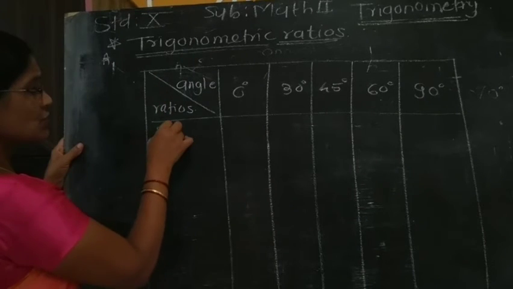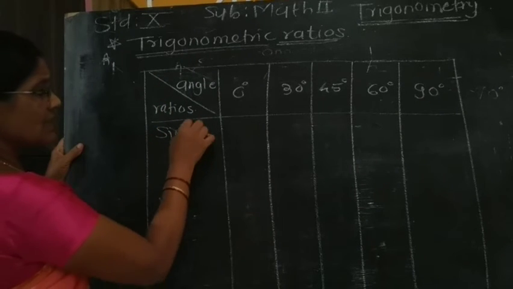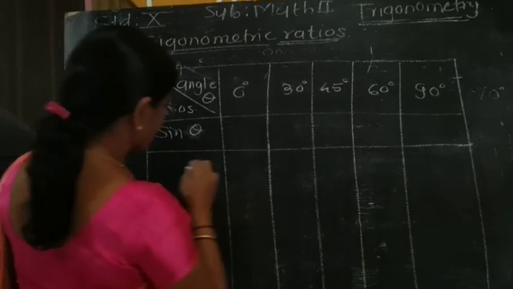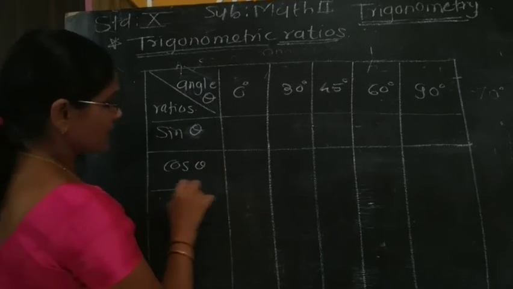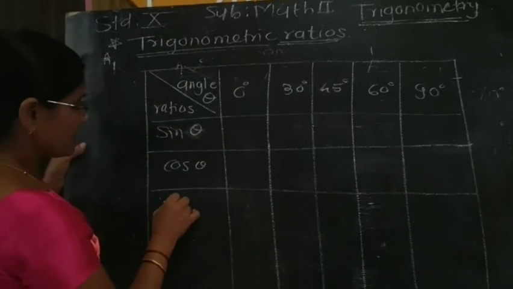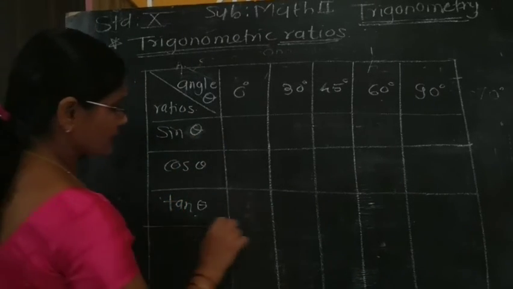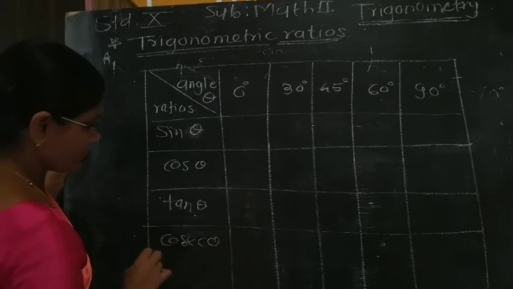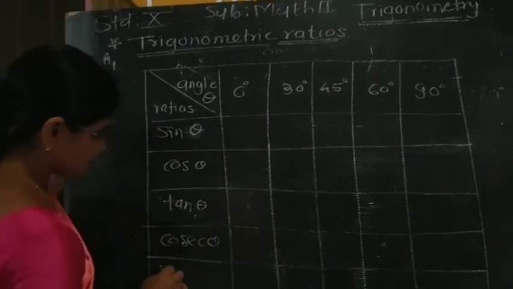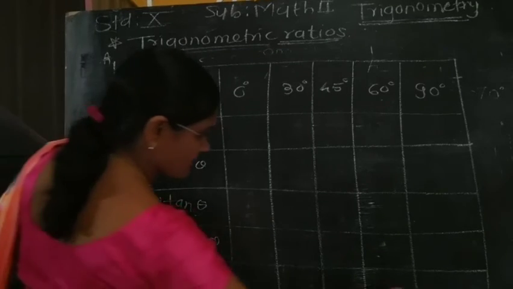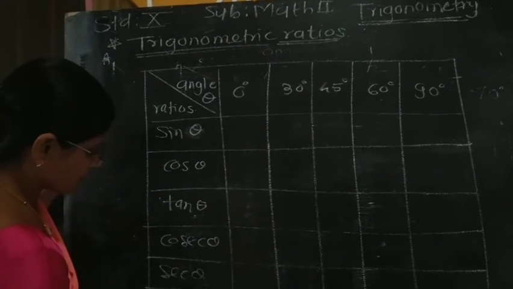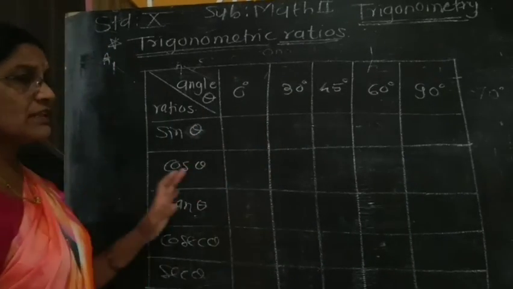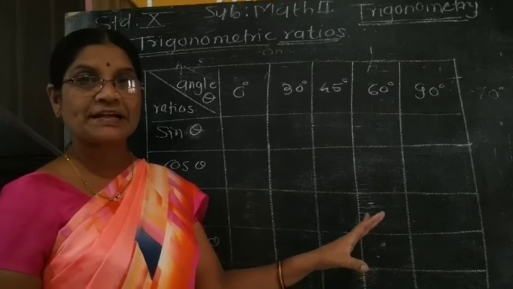The first ratio we have to find out is sin theta, where the value of angle theta is here. Second ratio is cos theta. Third one tan theta. Fourth one cosec theta. Next one sec theta, and the last one cot theta.